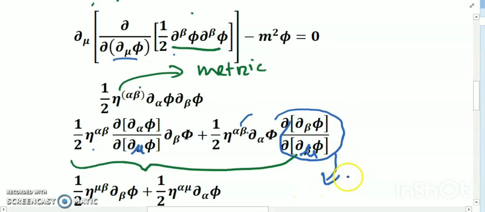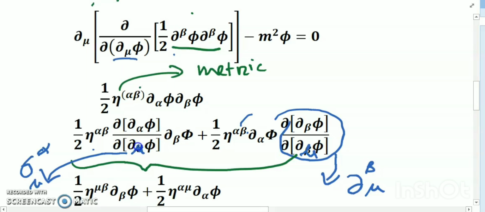This Kronecker delta can be written as delta beta mu, and this Kronecker delta can be written as delta alpha mu.